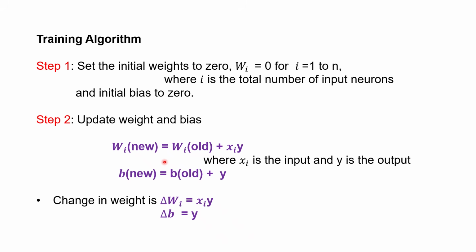Wi(new) = Wi(old) + Xi*y, where Xi is the input and y is the output. b(new) = b(old) + y. Change in weight is given by del Wi = Xi*y. Change in bias is given by del b = y.